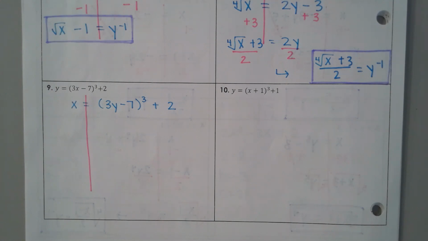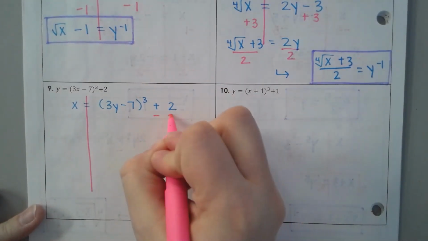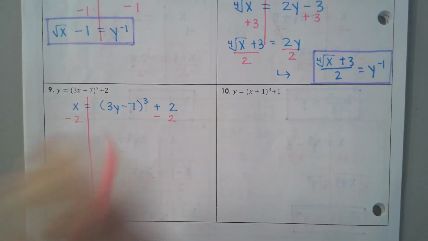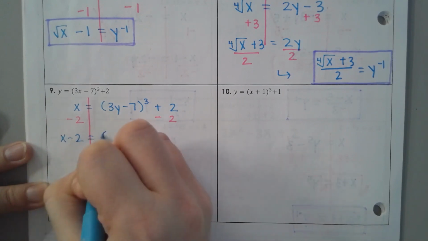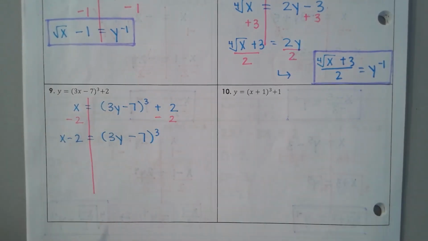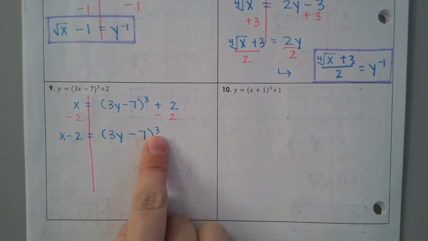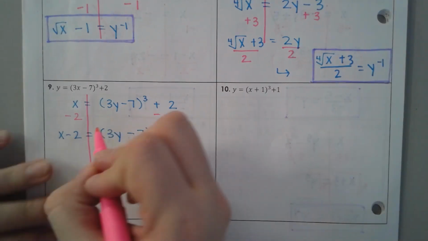I can't take the cube root yet until I get rid of that. So subtract 2 from both sides. So now I can get rid of this exponent of 3 by taking the 3rd root, or the cube root.